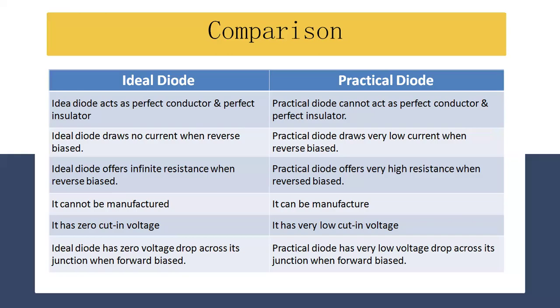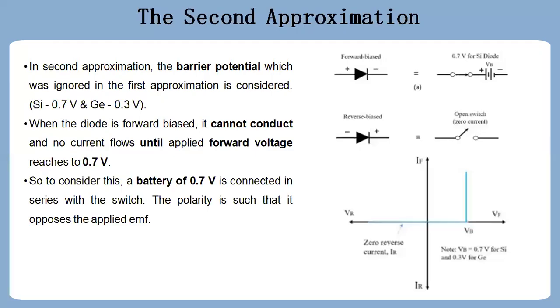Now moving forward to our next approximation, that is the second approximation. Here in the second approximation, we are also considering our next term, that is barrier potential, which was initially ignored. So the equivalent circuit of the diode when connected in forward bias is a closed switch, plus we are considering the barrier potential, that is 0.7 for silicon and 0.3 for germanium.